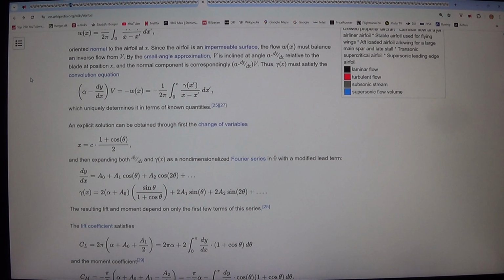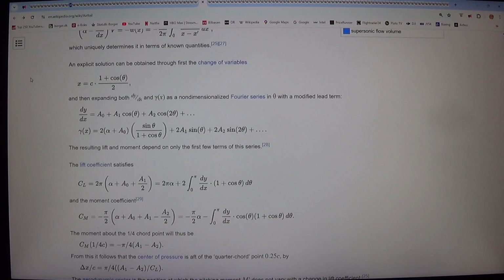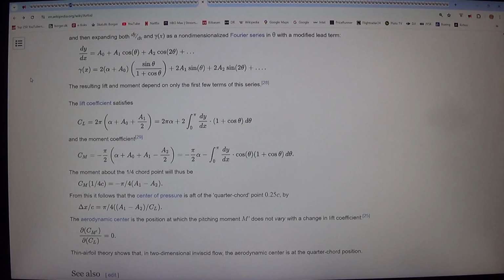From the Biot-Savart law, the vorticity gamma(x) produces a flow field w(x) equals 1 over 2 pi, the integral from 0 to c of gamma(x') over (x minus x') dx', oriented normal to the airfoil at x.